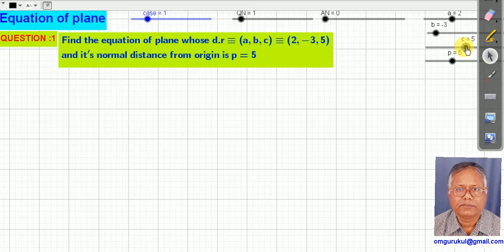Let us make that 4. Okay, 2, minus 3, 4. And the perpendicular distance of the plane from the origin is 5. That also can be changed. Let us take it as 6. 7, you do. Alright. Now, how can it be solved? Let us see.